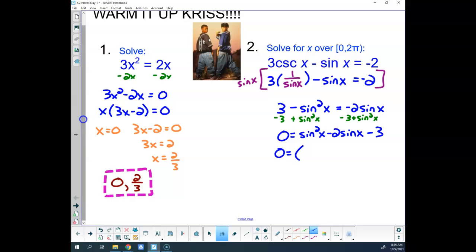So that is going to be sine of x minus 3 and sine of x plus 1. Two numbers that multiply together to be negative 3 and add to be negative 2 are negative 3 and positive 1.